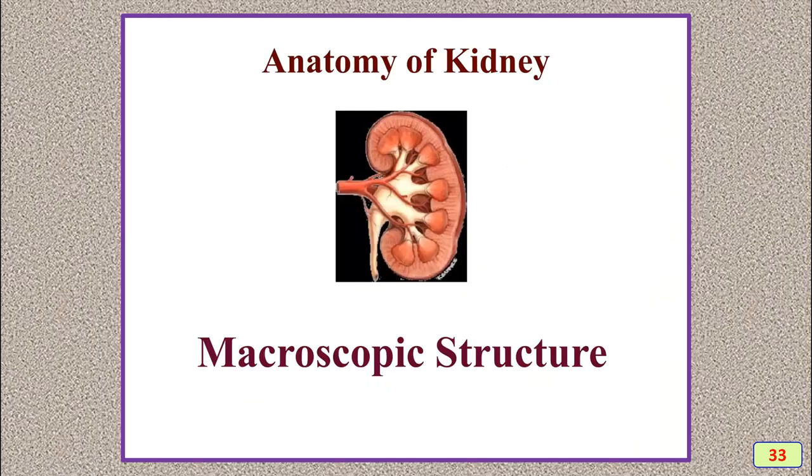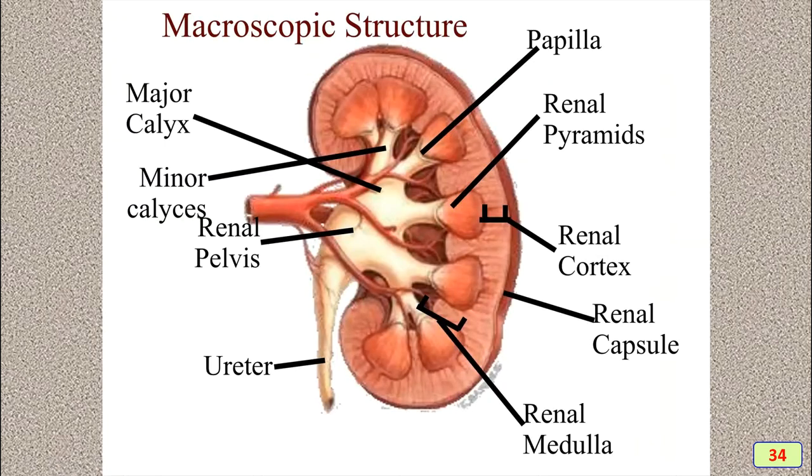Then the macroscopic structure of the kidney includes the major calyces. The renal pelvis is where the urine is stored transiently, then it dribbles through the ureter into the bladder. Then there is the renal medulla, and the outer one is the renal cortex.